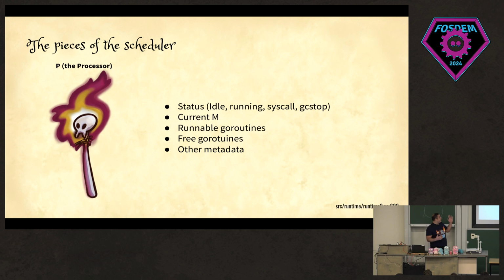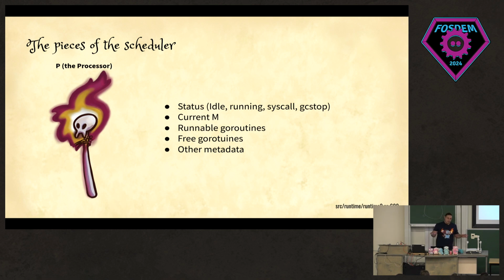A processor, as I said, is a virtual representation of the CPU, and can have a status that can be either running, syscall, or gcstop. It has the current M associated. We are going to see what an M is in a moment. Then each processor has a queue of goroutines that need to be executed and a list of free goroutines. We are going to see what free goroutines are later. And, of course, other metadata.